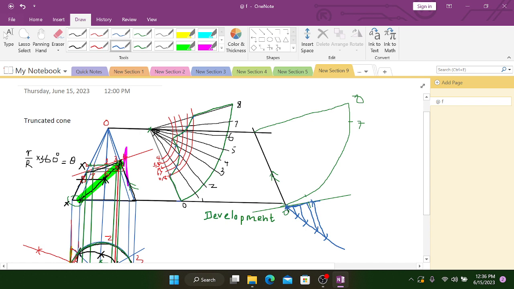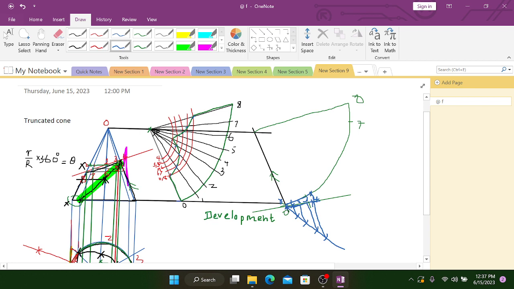So I can mark this one as 0 and 1 and 2 and 3 and 4. By keeping my compass at 1 and my pencil point at 4, I want to draw an arc. Now this curve is equal to this line. This is how we are equating a line into a curve.